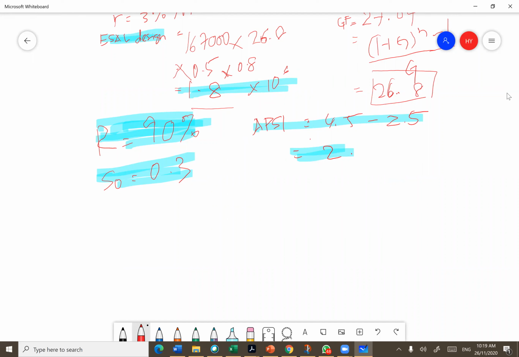FC is given. FC is 5,000. All right, so we need to calculate the EC.